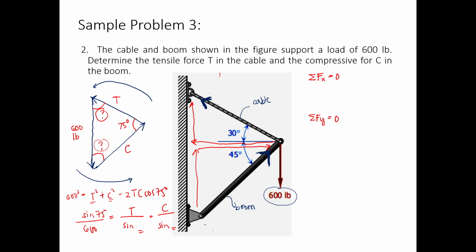If we isolate the triangle above, this is the tension, this is the unknown horizontal force, this is the horizontal force. For the bottom part, the boom, this is the compression, this is the horizontal component, this is the vertical component. And then this is the 30-degree angle, and this is the 45-degree angle.